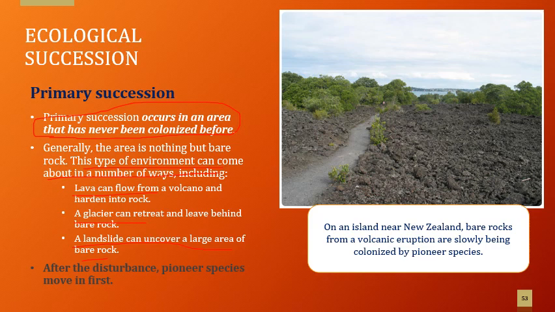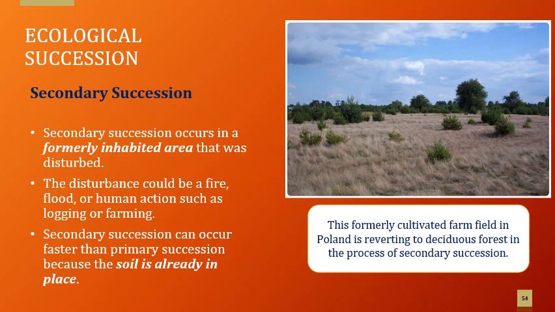We have primary succession. After this we also have secondary succession. So, kapag may mga nauna, secondary succession occurs in a formerly inhabited area that was disturbed already. So, the disturbance could be fire, flood, human actions such as logging or farming.